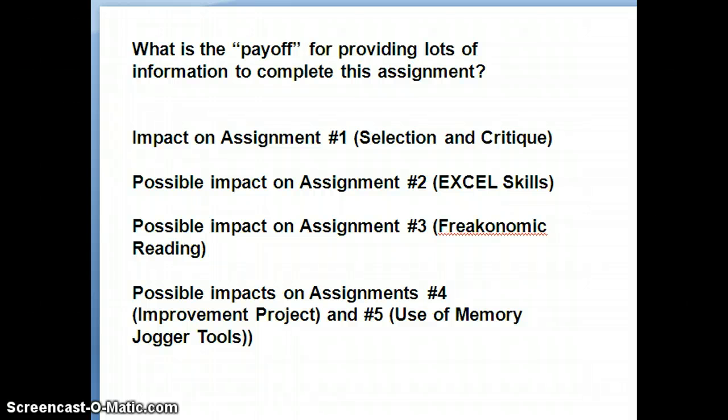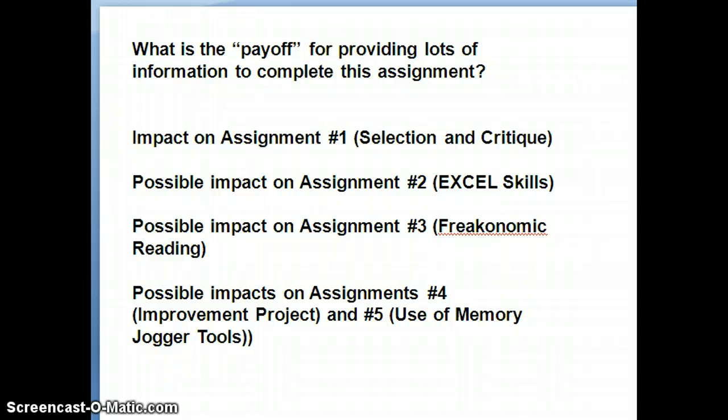And then finally, the heart of the end of the course is really going to be working on assignment number 4, which is develop an improvement project. Improvement project of what? Well, improvement project based on the issue that you're going to identify in the pre-assignment. So, pre-assignment sets the stage. Assignment number 4 allows you to develop an improvement project based on the need you identified.